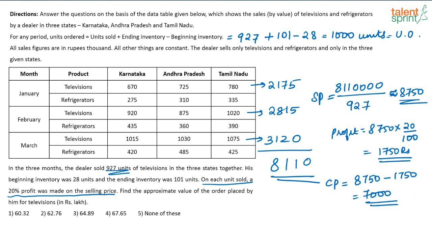And if this is 7000, then what is the order value? How many units were ordered? 7000 into 1000, right?